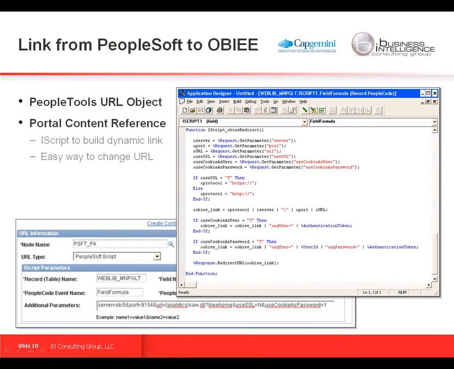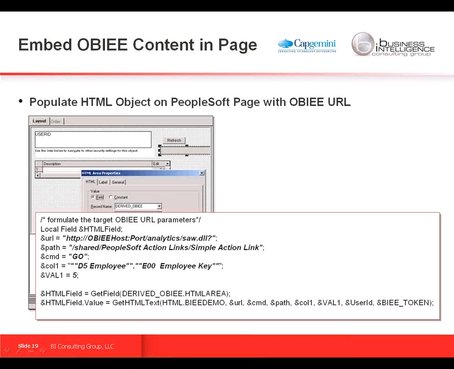So when you want to embed the OBIEE content into your PeopleSoft page, we'll put an HTML object on our PeopleSoft page and develop some PeopleCode to build a BI URL for us, and then go out and execute that URL and return the content to our HTML object on our PeopleSoft page.